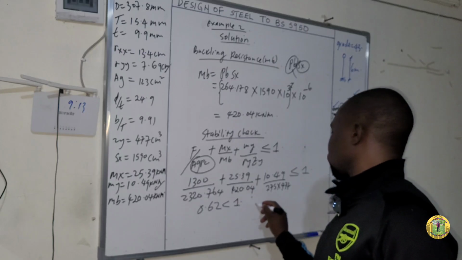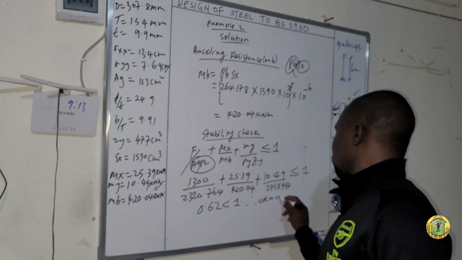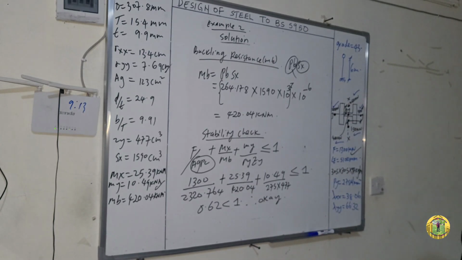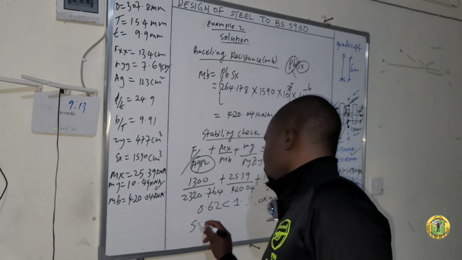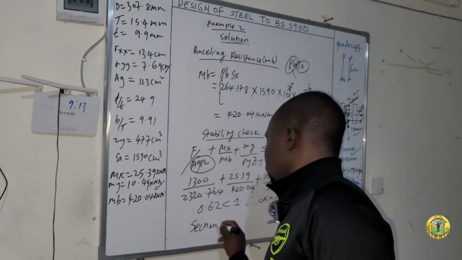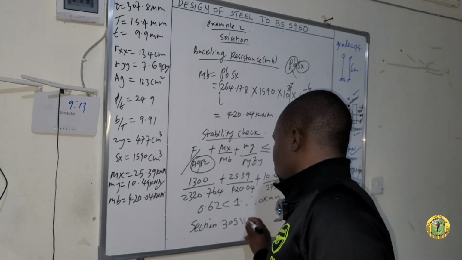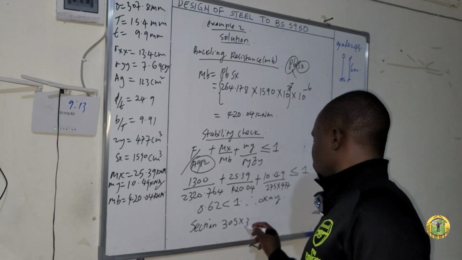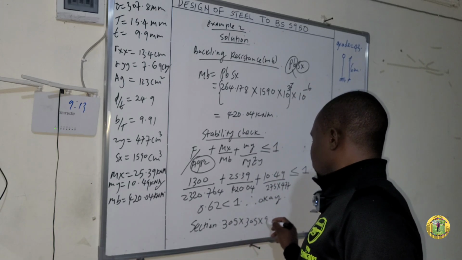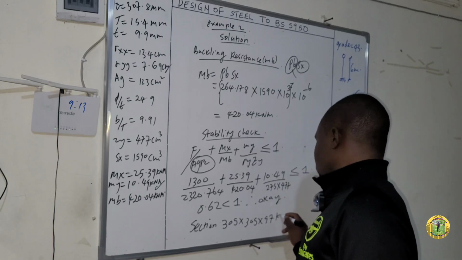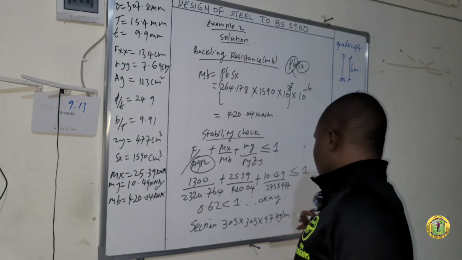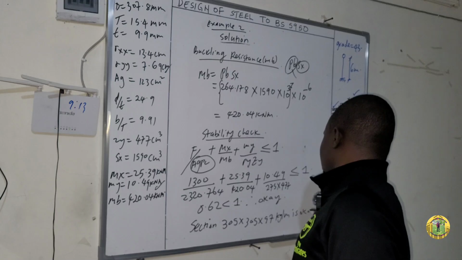Therefore, okay. So you will say section 305 by 305 by 97 kilogram per meter is okay.